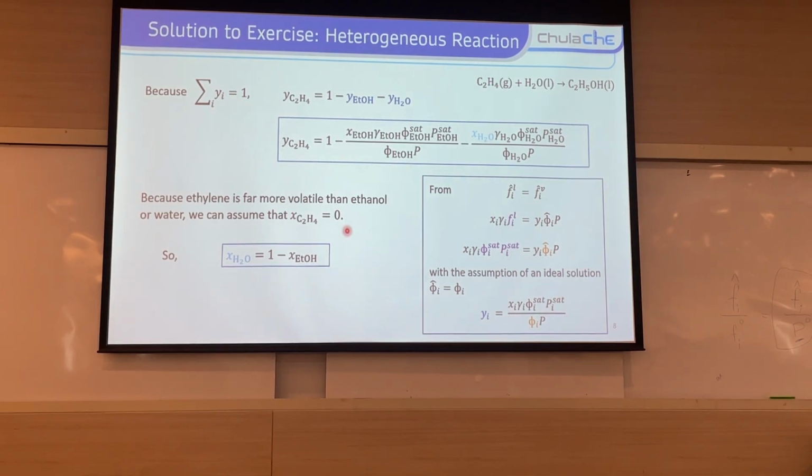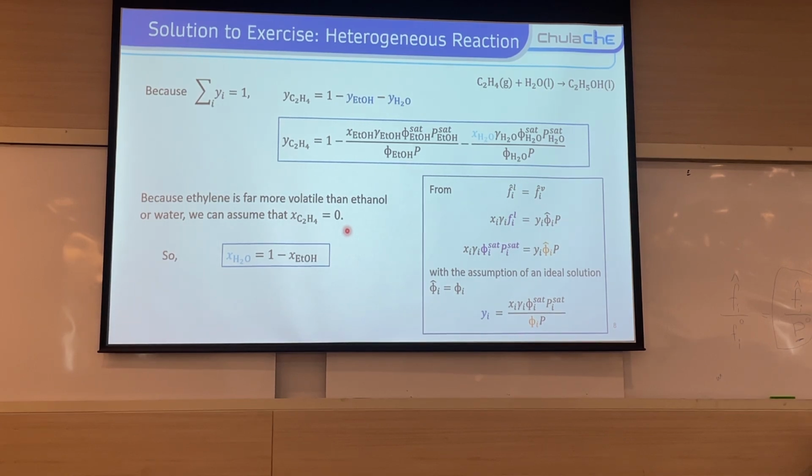As you know, in phase equilibrium every species has to exist in every phase, right? But in this case, we just assume that the mole fraction of ethylene does not exist in the liquid phase because it is difficult to condense into liquid in this case.